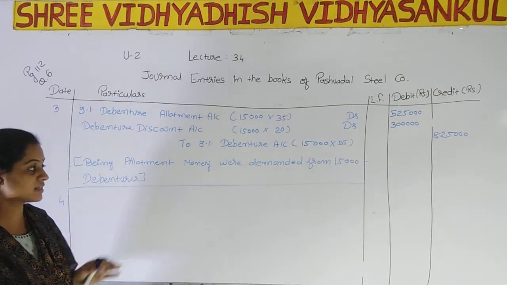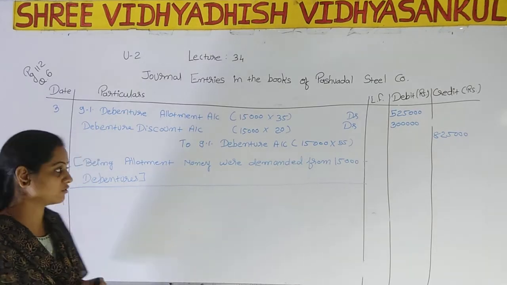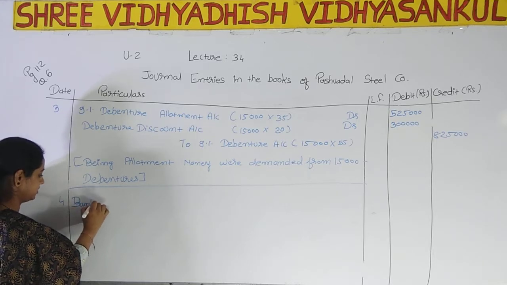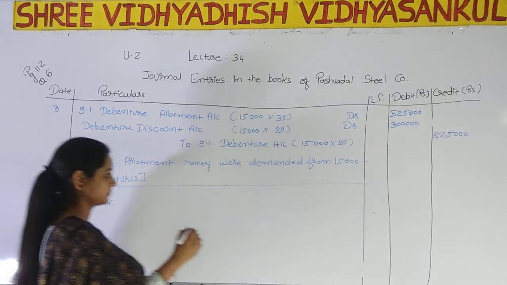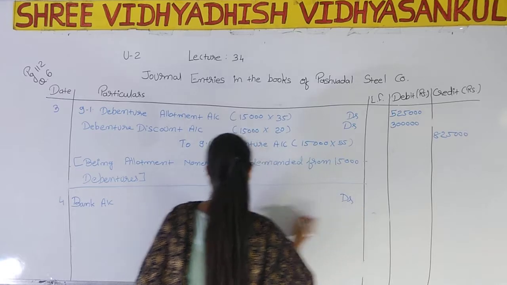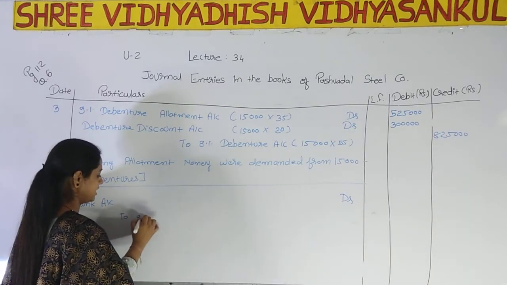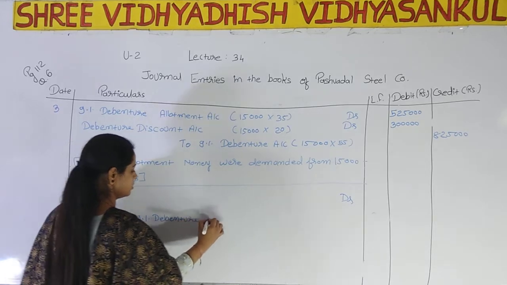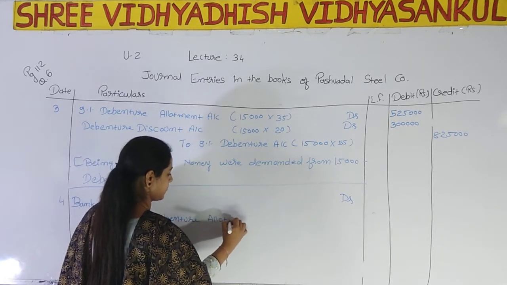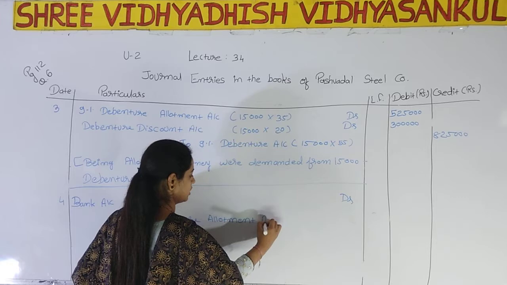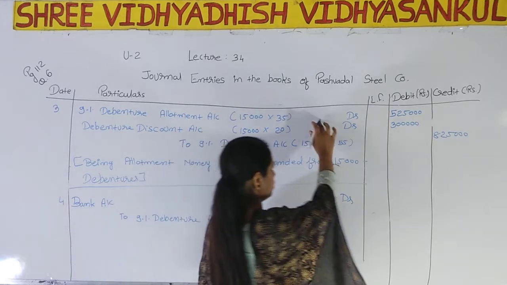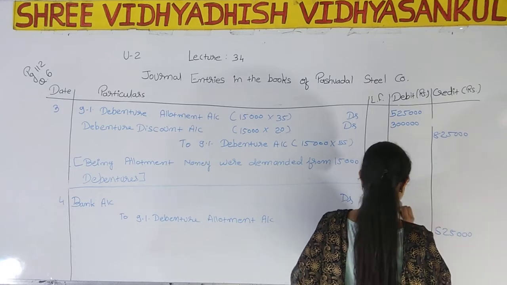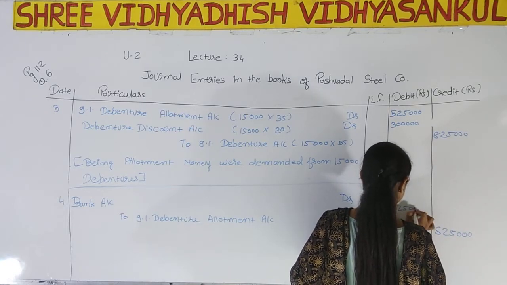Then the fourth one. In this there is no call in arrears, we have not made any tick mark. So the entry will be bank account debit to 9% debenture allotment account. In allotment, we have debited 5,25,000, that means we'll receive 5,25,000.